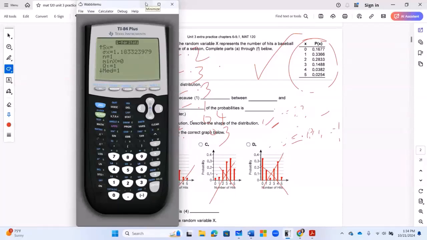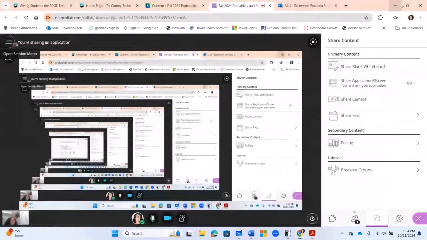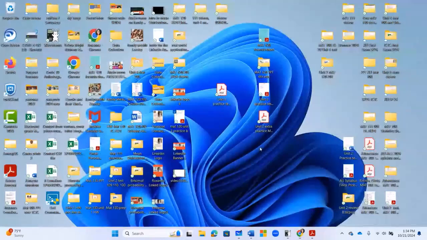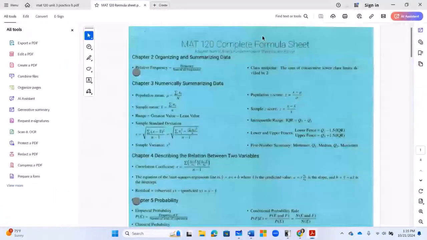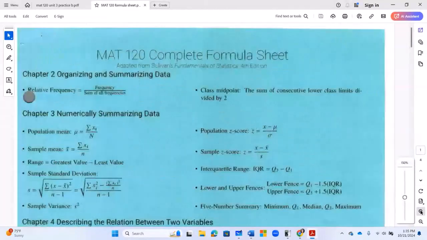So I hope you don't have any question. But suppose you decide to use the formula. Let me just pull up the formula sheet. And then I'm going to get the formula for the mean and standard deviation of a discrete random variable.